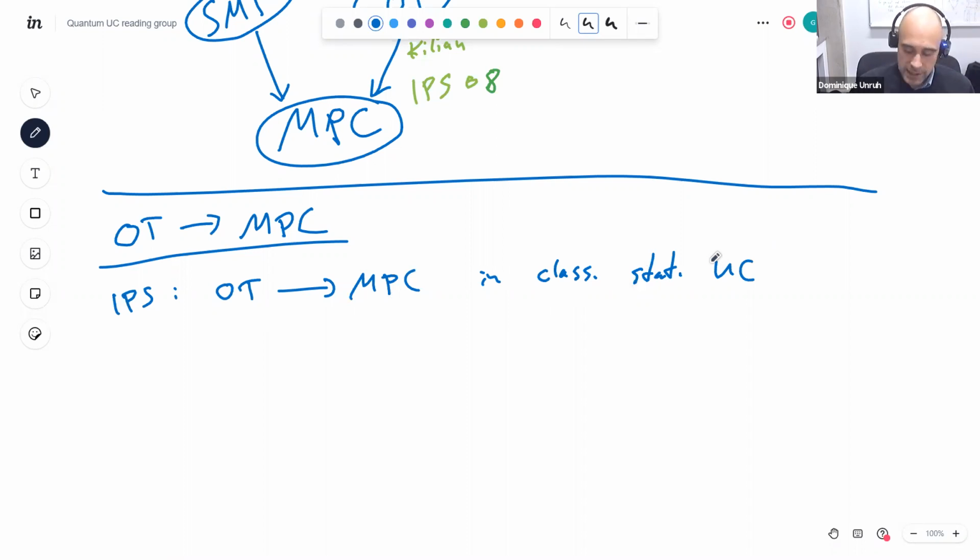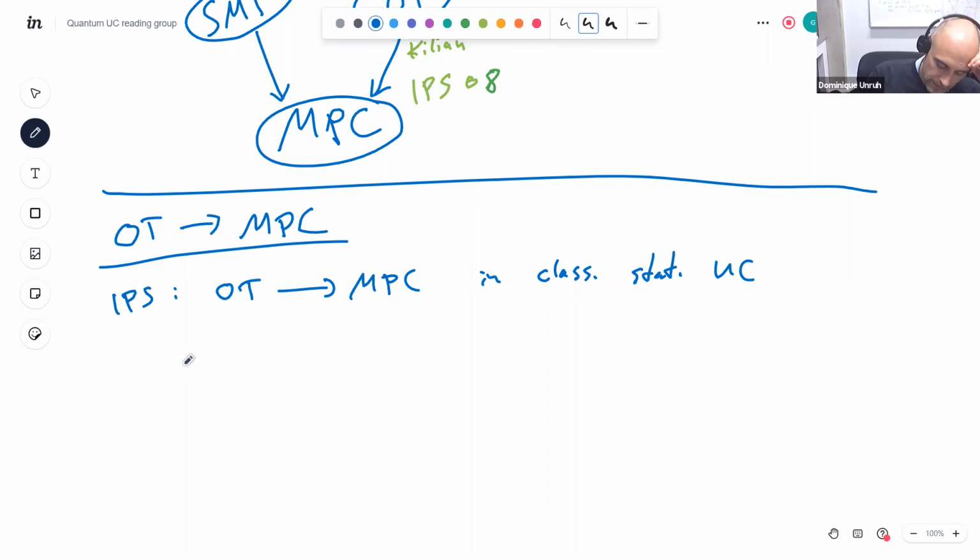And now your first idea might be to say, well, in the statistical case, all these things like quantum computers and so on don't matter because we are talking about unlimited adversaries anyway. So shouldn't this just imply quantum statistical UC? The answer will be yes, but let me first tell you why this is something we should not take for granted.